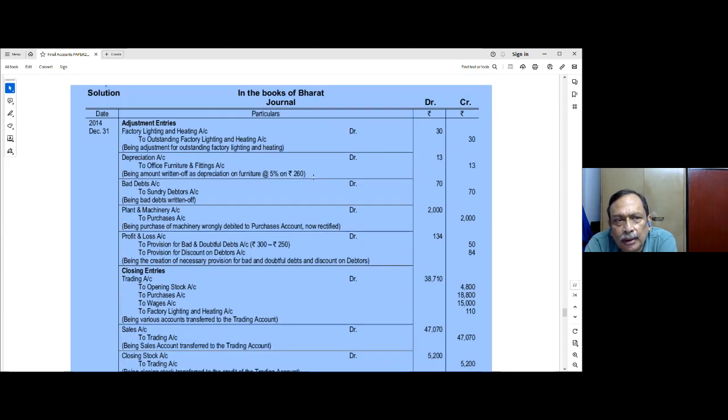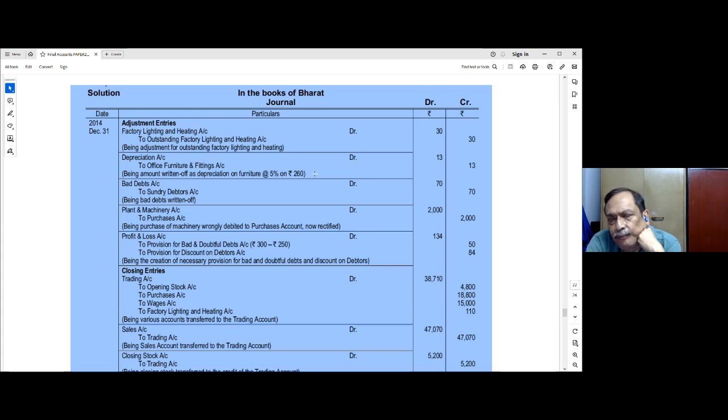So, in this case, we are required to pass the journal entries, okay, and then we are required to prepare the trading profit and loss account and balance sheet.